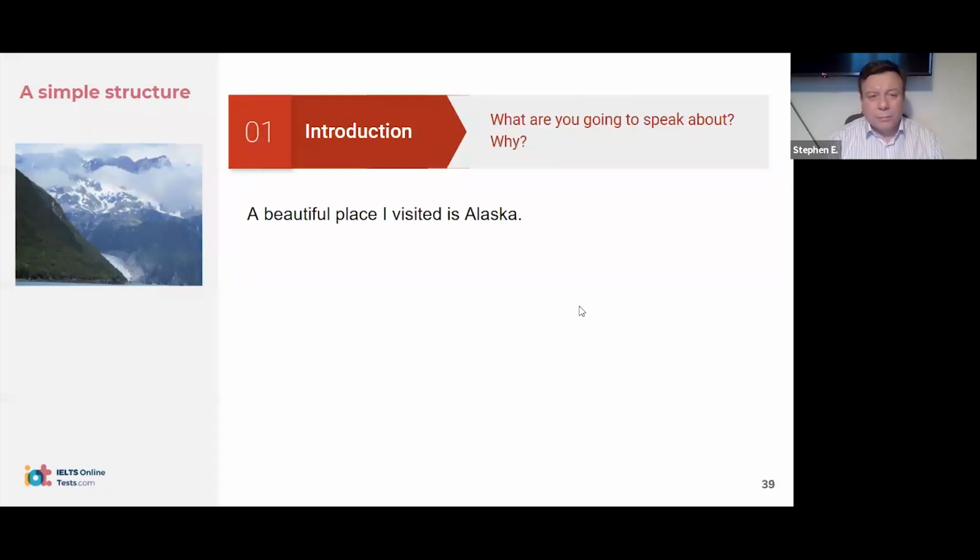So a beautiful place I visited in Alaska. So it's a little bit short. How do you think you could develop that?